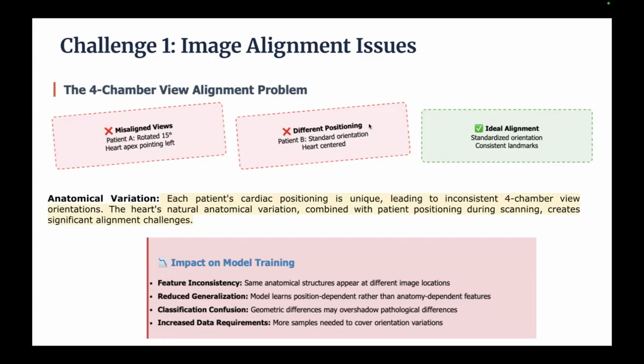I think we can fix this by adding, and I think they did this when they were training the ChatGPT models, no one can explain why they did it, but it fixed the problem of alignment, for example with text. So I think applying random rotations during training can help us the same way.